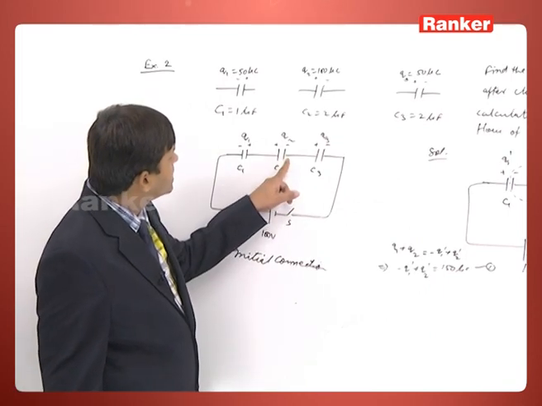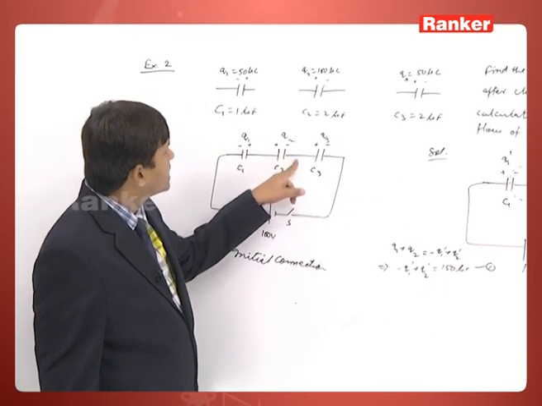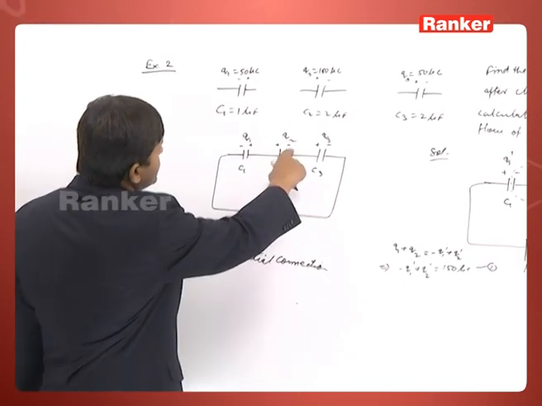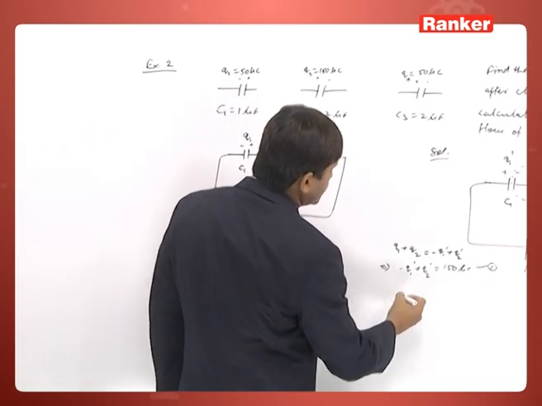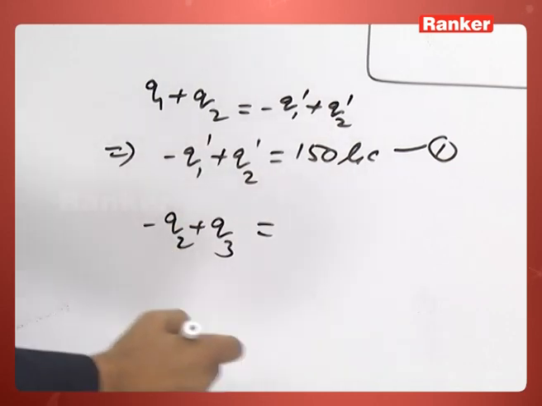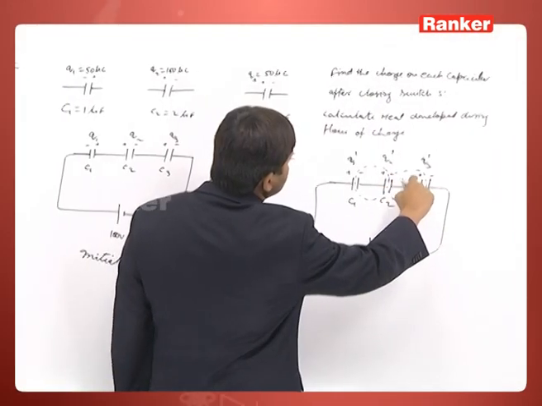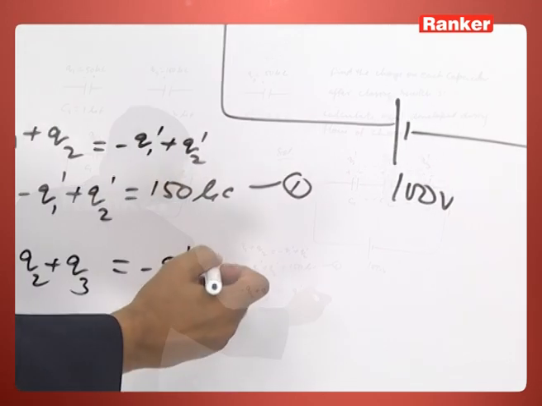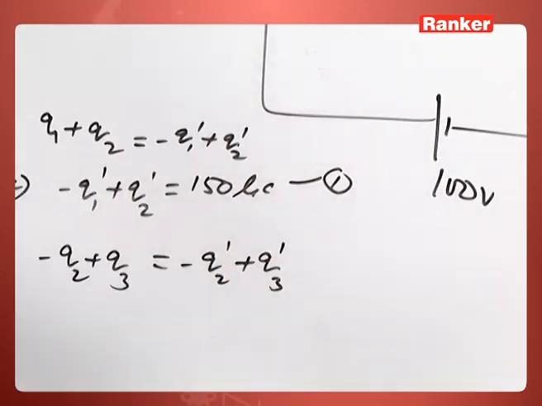So whatever charge between these two plates, that will flow only between these two. See, the initial charge is minus Q2 and the final is minus Q2 dash plus Q3 dash.